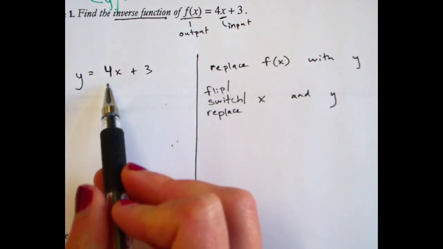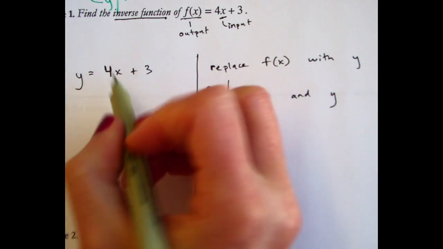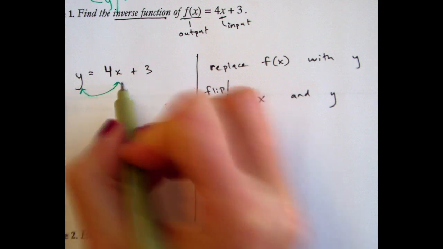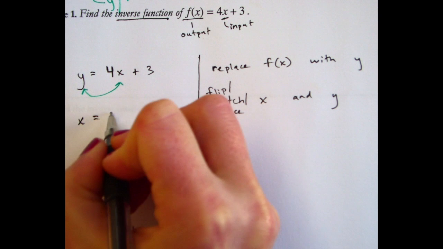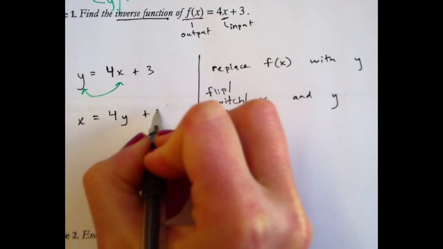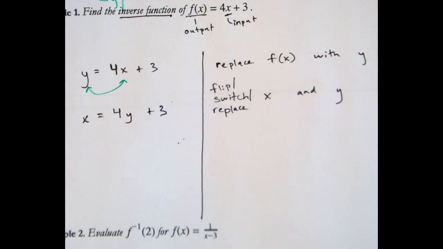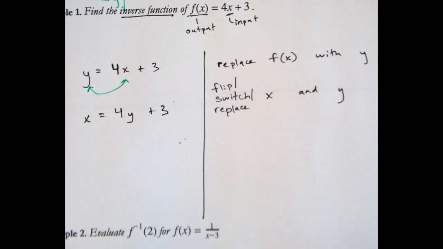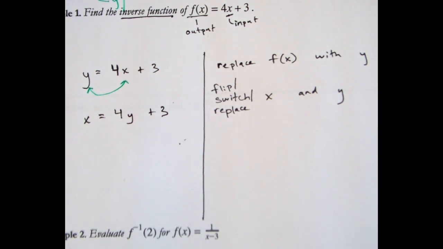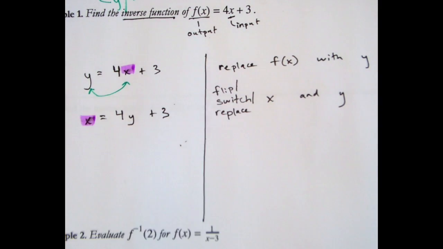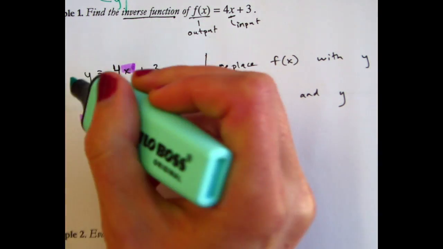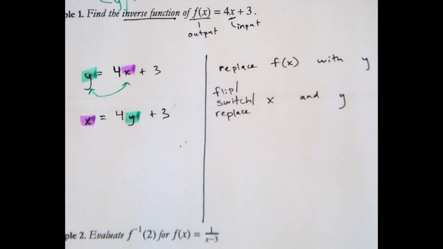What that's going to look like is the x goes where the y was, and the y goes where the x was. Let's make sure we keep track: x was here, it moved to the place where y was, and y was over here, and it moved to the place of x.